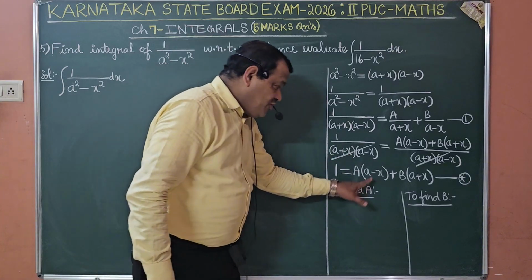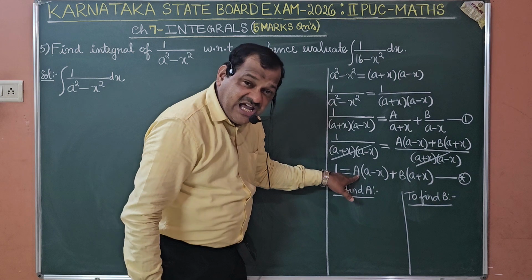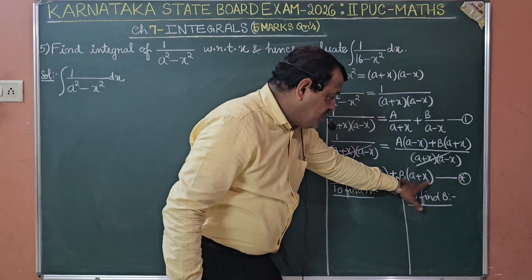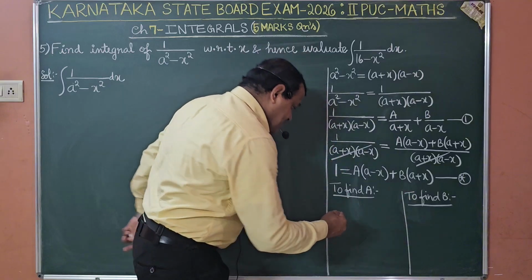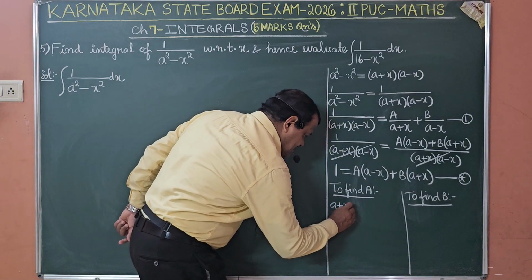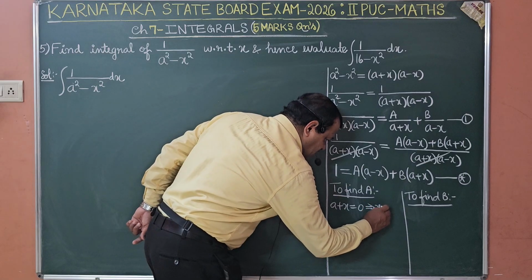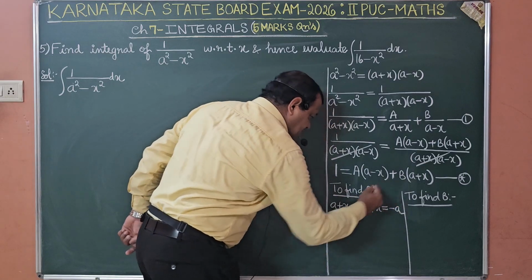From equation 1, you can directly write equation star. And now to find unknown A, please make the coefficient of B 0. What is the coefficient of B? a plus x. Put a plus x equal to 0, that is, put x equal to minus a in equation star.